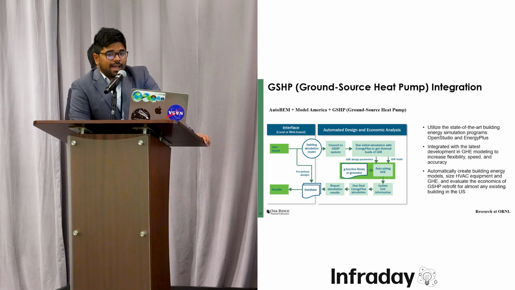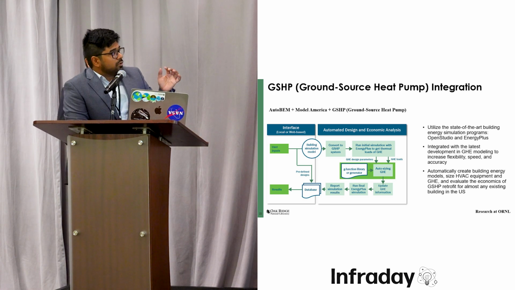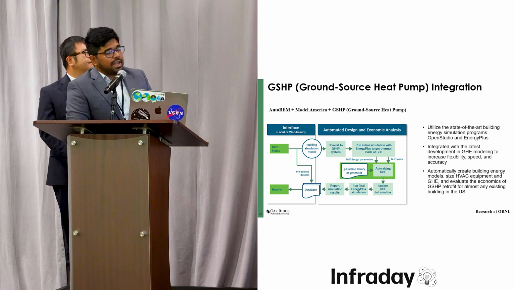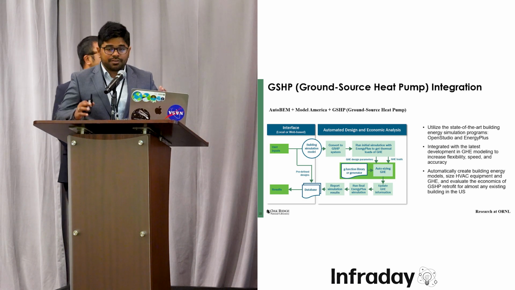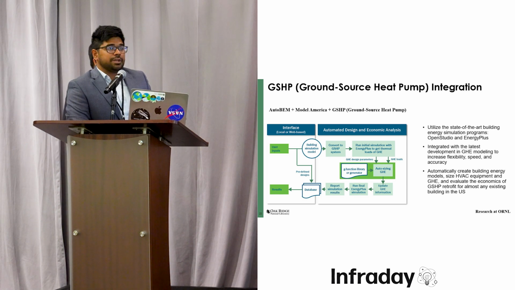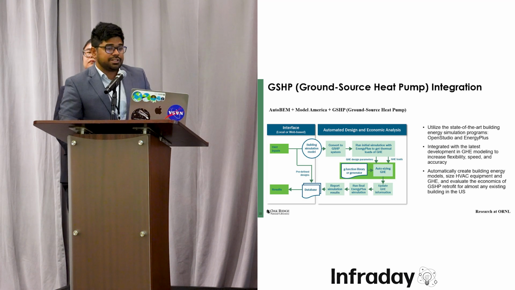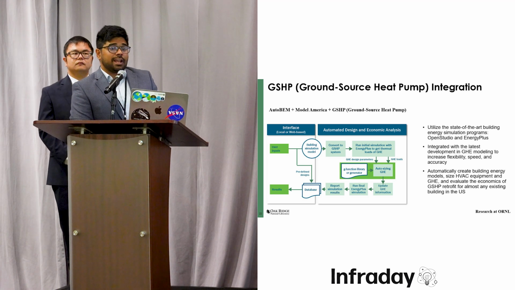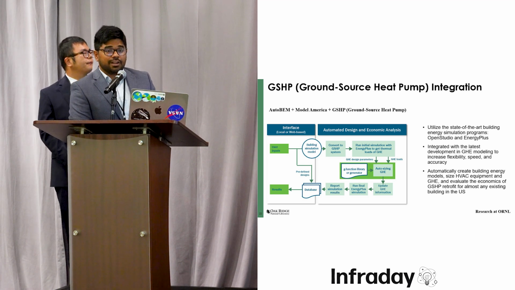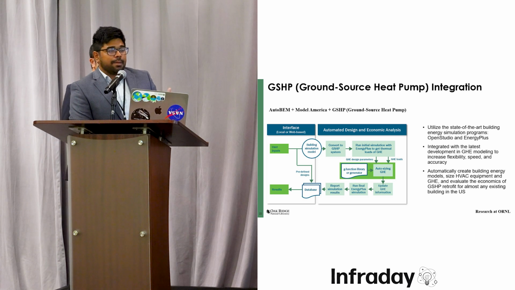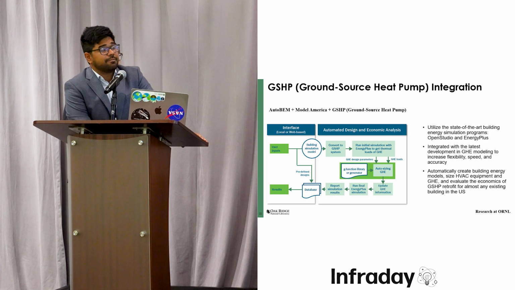Another building level application is the capability of ground source heat pump integration. We developed an interface you can use for assessing the capability of ground source heat pump integration. If you want to install a ground source heat pump for your building, you can see how much energy you can save yearly, how much cost you can save yearly, and the payback period for your investment.